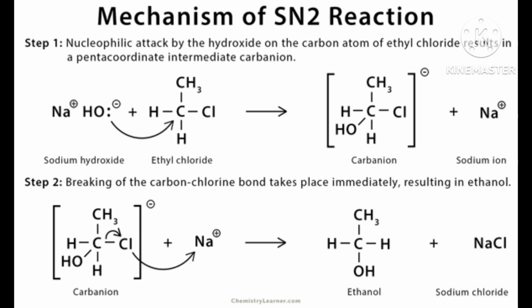Third is again that in the place of C6H5 which was attached with CH2, now suppose CH3 is there.